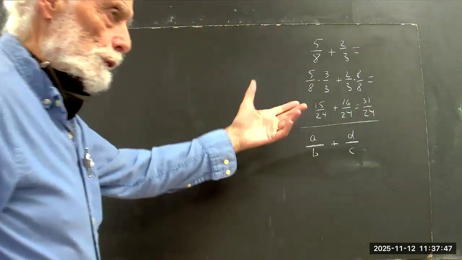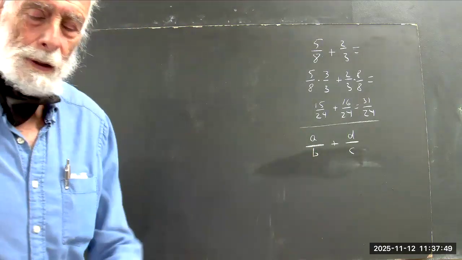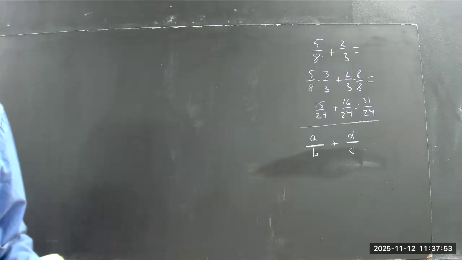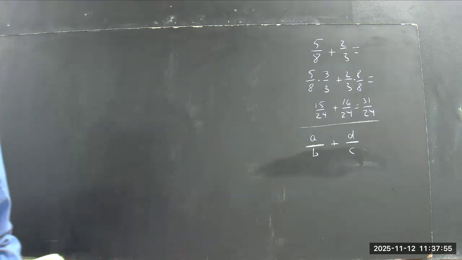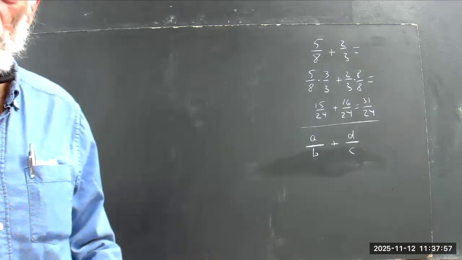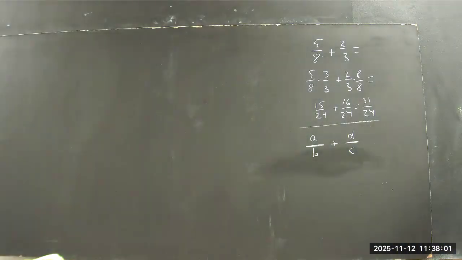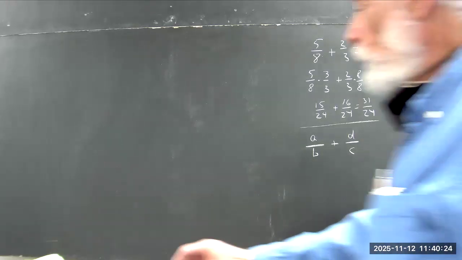Now, what I just wrote down, we'll do next, but let's see if you can add this using the same ideas. You have symbols, you don't know what the symbols mean. It could be any number. But can you add these two symbolic fractions? Well, everybody did real well with that.